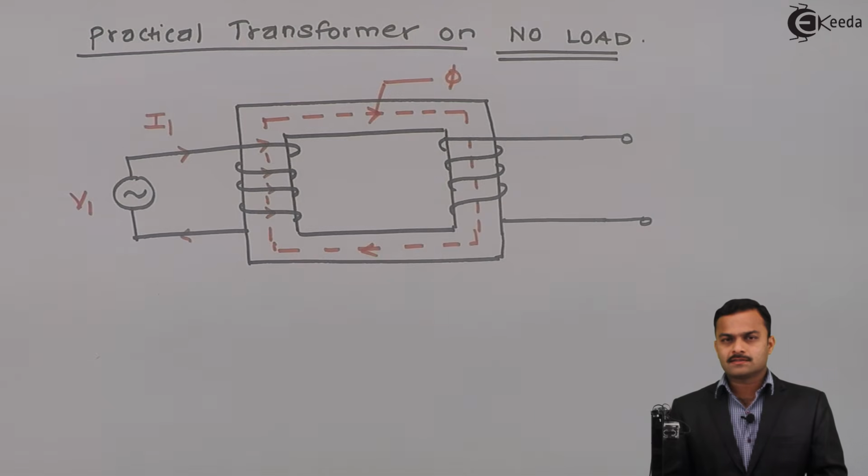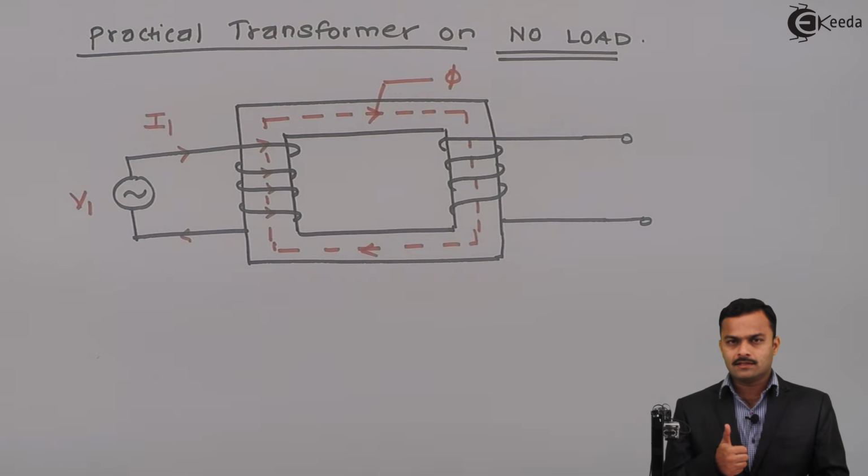The direction of flux can be determined by the right hand thumb rule. It says hold the winding in such a way that the curled fingers represent the direction of current, then the outstretched thumb will give you the direction of flux. So, this will be the direction of flux phi.